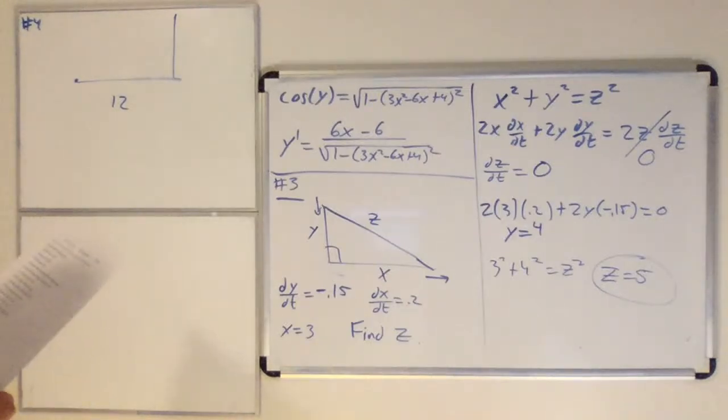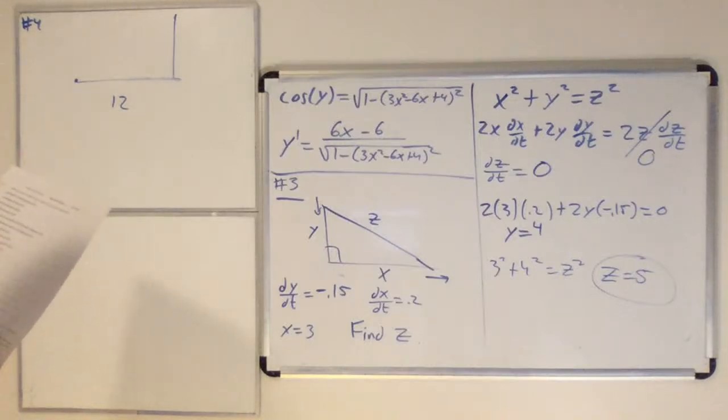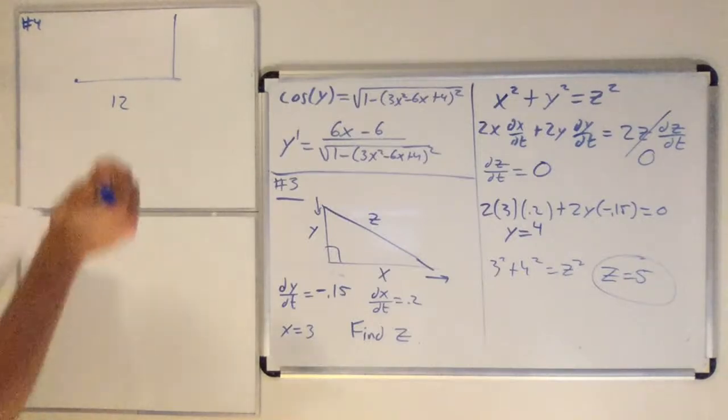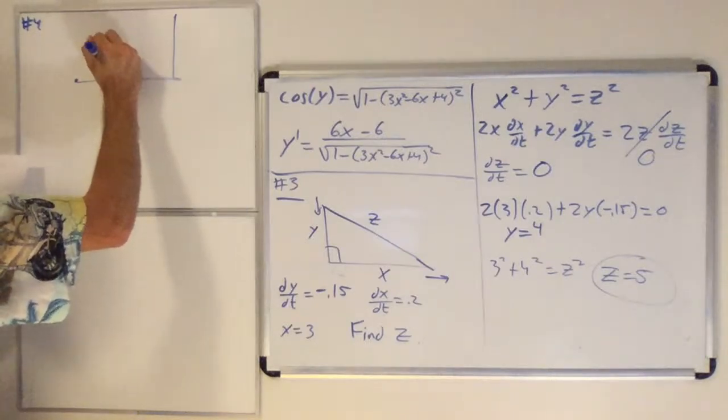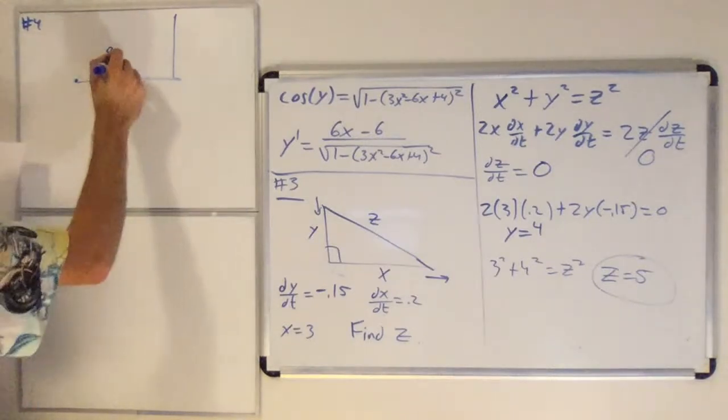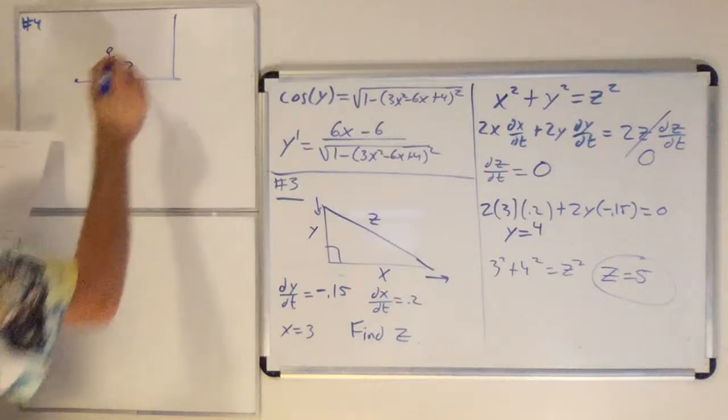A man 2 meters tall walks from the spotlight, so we have a man here. And he's walking from the spotlight towards the building.